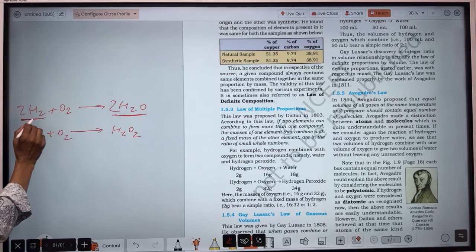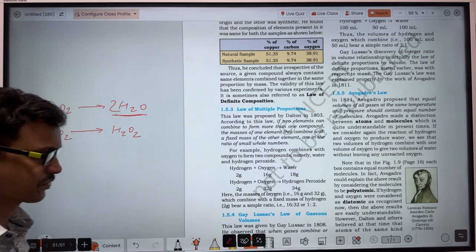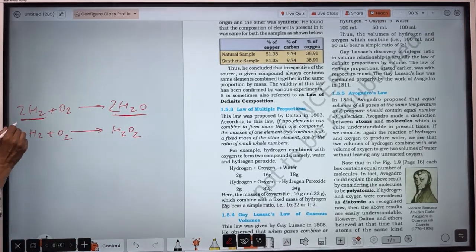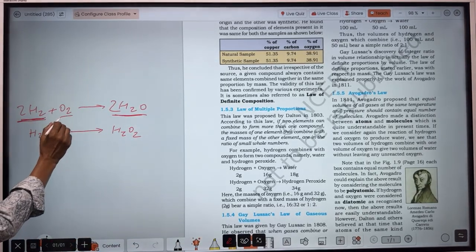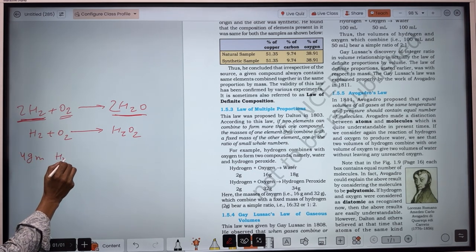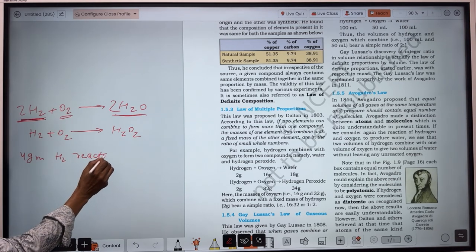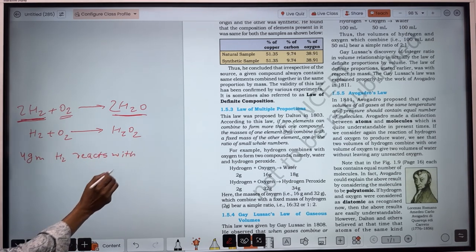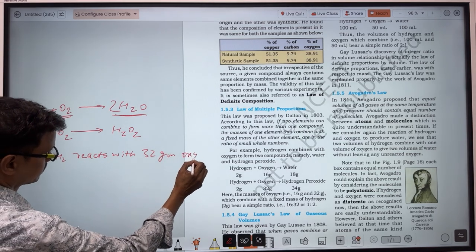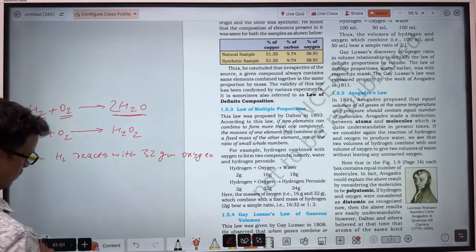The atomic weight of hydrogen is 1 and atomic mass is also 1. So here 4 gram hydrogen reacts with 32 gram oxygen.